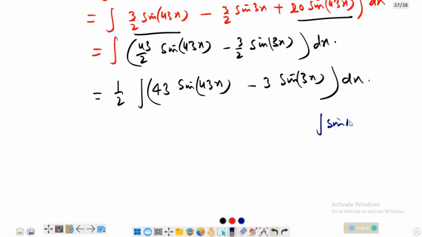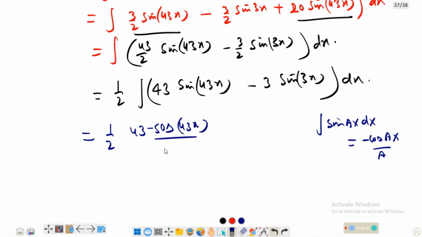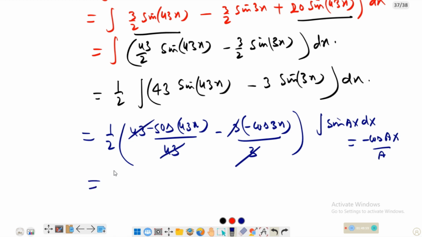We know that the integral of sin ax dx is equal to minus cos ax upon a. So this is 1/2 [43 times (minus cos 43x upon 43) minus 3 times (minus cos 3x upon 3)]. Cancel out this portion, so the remaining portion is cos 3x minus cos 43x.